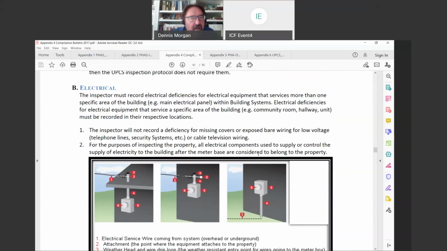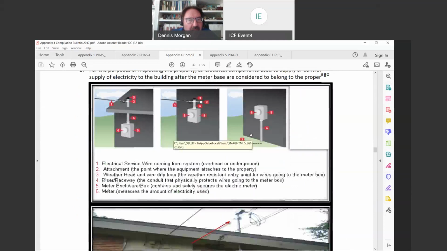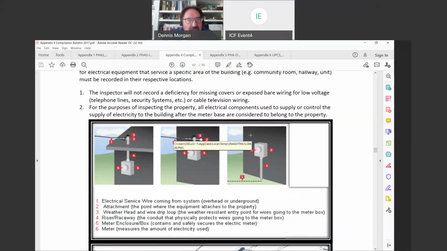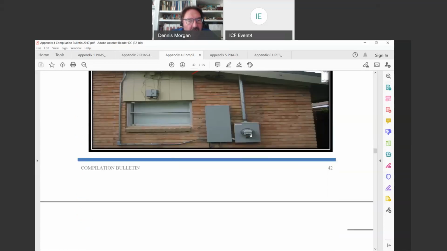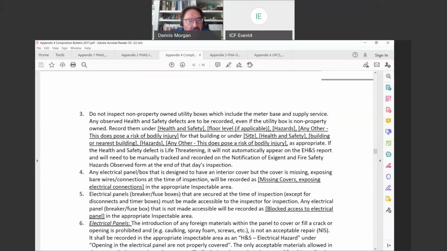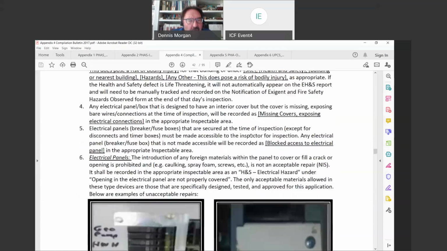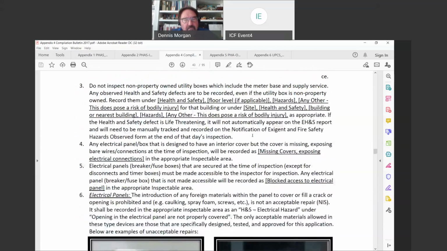It also brought in some additional protocol as it relates to electrical. Under the electrical, if I have what are called low voltage systems, such as doorbells, cable TV, or telephones, those are low voltage systems.